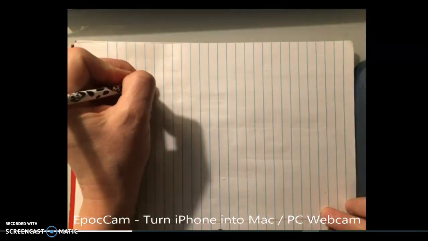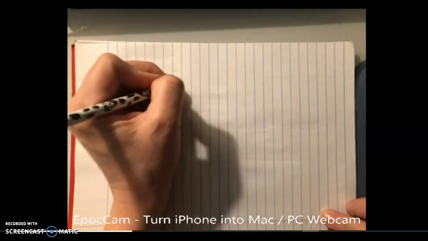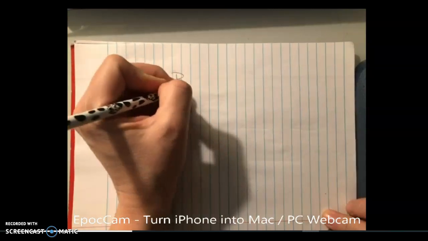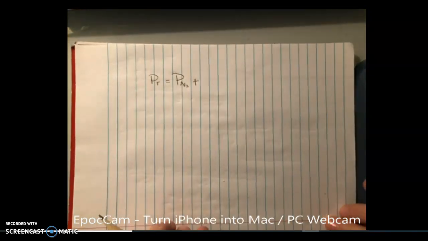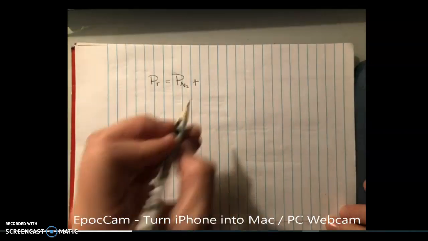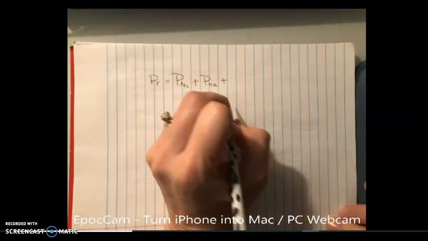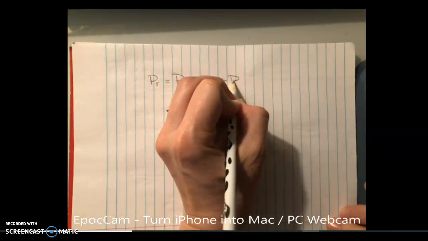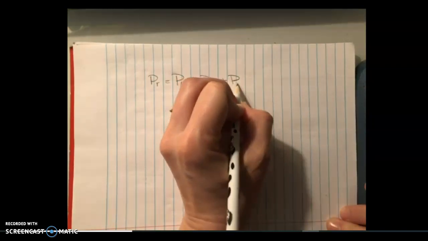So we have PT equals the pressure of nitrogen gas that's in this container plus the pressure of helium gas plus the pressure of oxygen gas. And it doesn't matter which order we put that in.